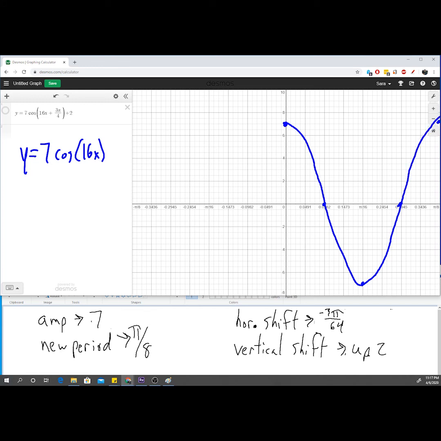So I know that my complete period happened at pi over 8. I divide it up into 4 sections, and it always alternates maximum, 0, minimum, 0, maximum. Or maybe it starts at the minimum, 0, maximum, 0, minimum. Or if it's a sine function, 0, maximum, 0, minimum, 0. But that pattern just is always consistent. So if you get used to the starting values, you can find the rest of them.